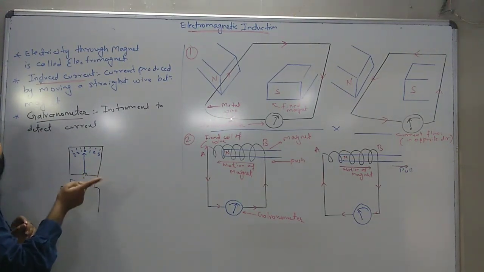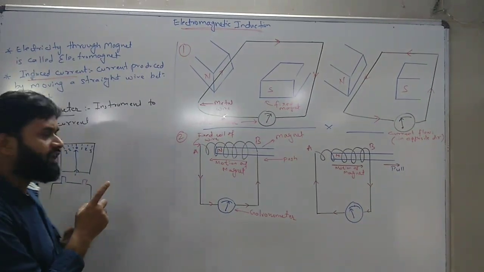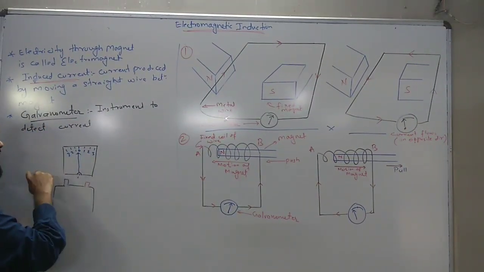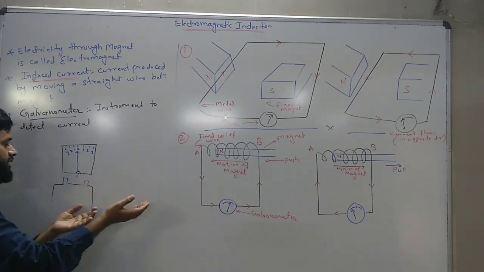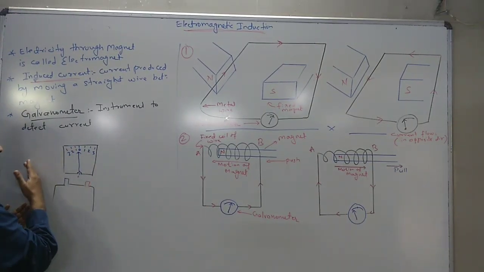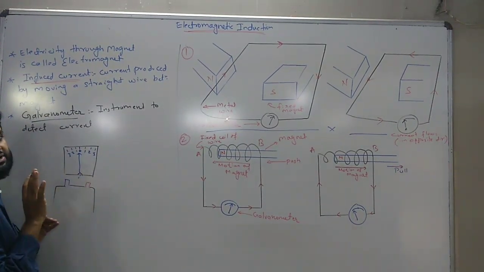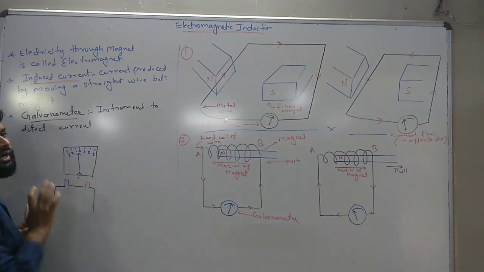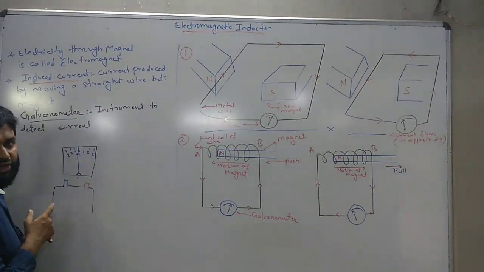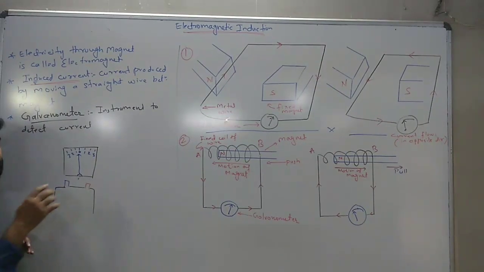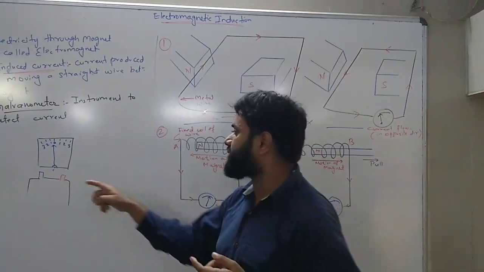The pointer faces a force, due to which it moves right or left depending upon the current direction. If current comes from this direction, the pointer will move here; if from the other direction, it will move the other way. So it detects the current. The galvanometer is connected in series, not in parallel.